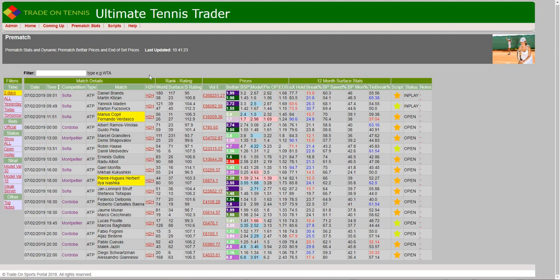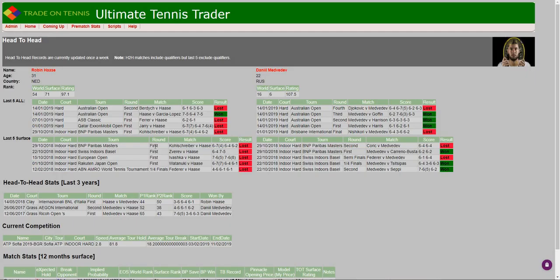Okay, if we go back to here, you notice that I missed a column, the head-to-head. If we click on this, we'll use Haas and Medvedev. It takes us to another screen. Now, this breaks down their statistics into even more detail.